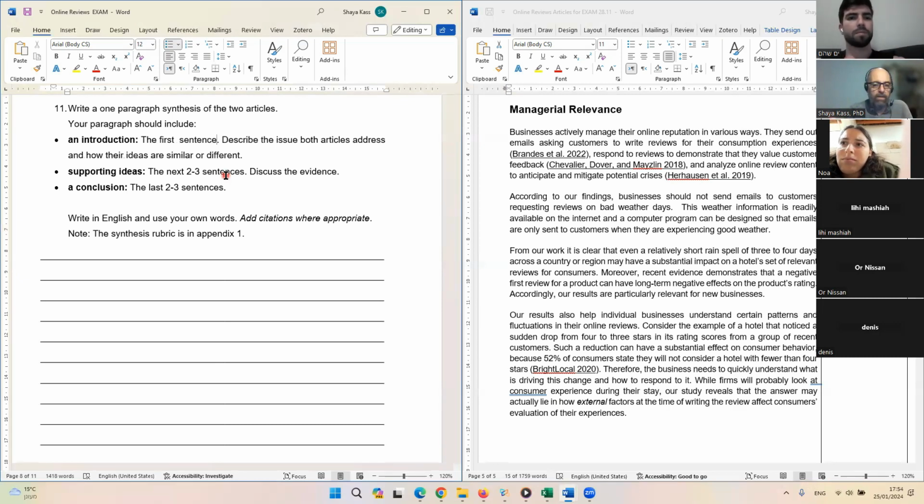What are these two articles about? And then give me 2 or 3 sentences from both of the articles, and then just one sentence of a conclusion. Okay? You want to try that? You can put it in the chat in Hebrew. Completely fine with that.